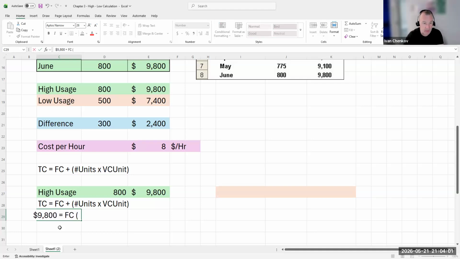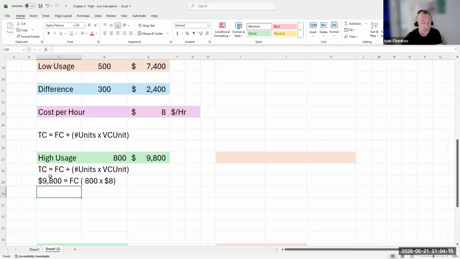But in the bracket, what do I have? In the bracket, I have number of units, which is 800, times the variable cost, which is $8. The question is, from this formula now, can I express the fixed cost? How hard will it be?